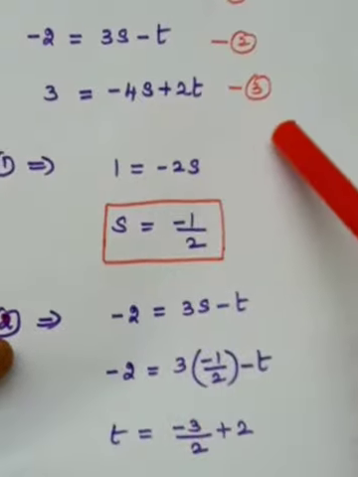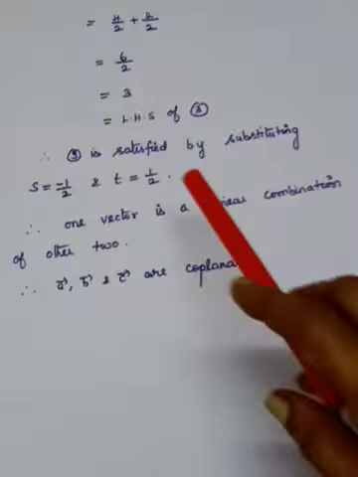So therefore the third equation is satisfied by the values of s is equal to minus 1 by 2 and t is equal to 1 by 2. So this condition is satisfied. What is the condition? We have taken a vector is equal to s b vector plus t c vector. So we can write one vector is a linear combination of the other two. So therefore the three vectors are coplanar.